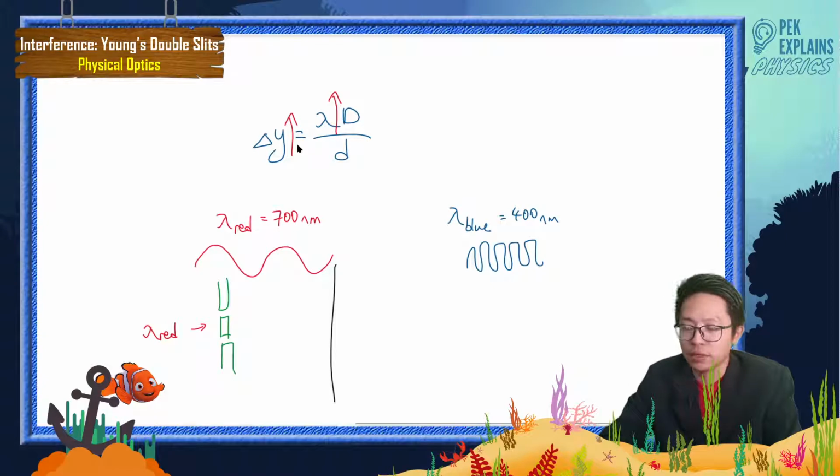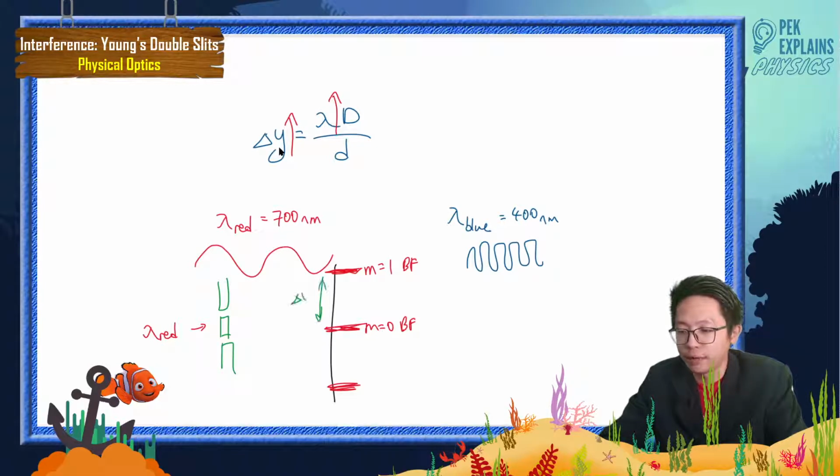That means if you are using a longer wavelength, the separation is further apart. This is the central bright fringe, and this is the first order bright fringe. They are further apart. Understand or not? The separation between the two bright fringes.